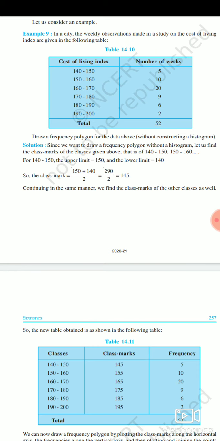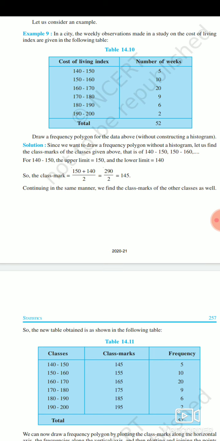So lower limit plus upper limit divided by 2, as in the example given. So 145, then adding 10 each time, the averages of 150 to 160, 160 to 170, 170 to 180, 180 to 190, 190 to 200 are 145, 155, 165, 175, 185, 195.